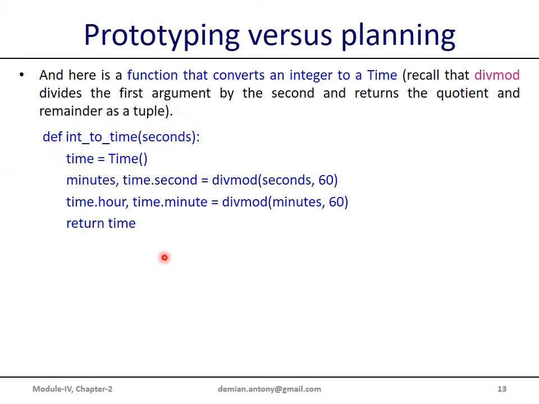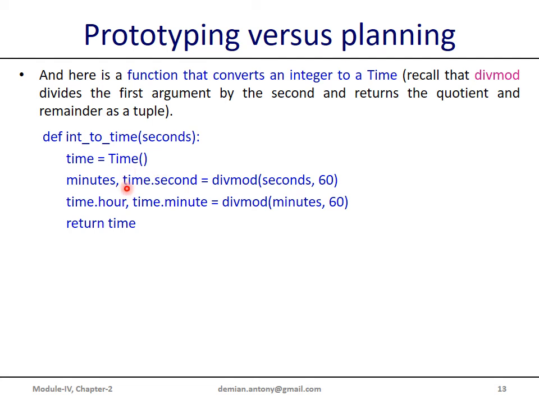In this function we create a new time object, and now we apply divmod onto the seconds, which gives me the minutes as a quotient and the remainder is the seconds.